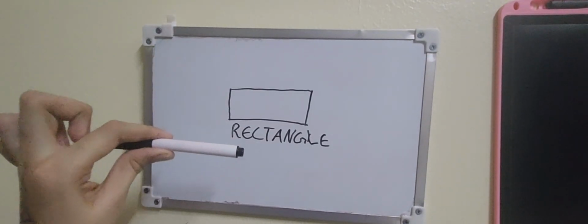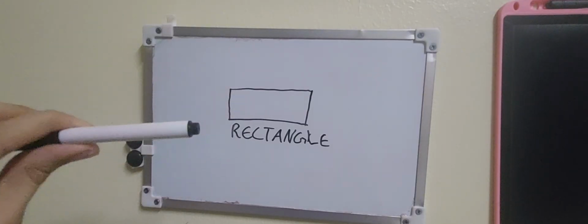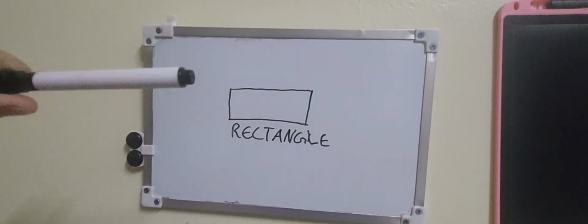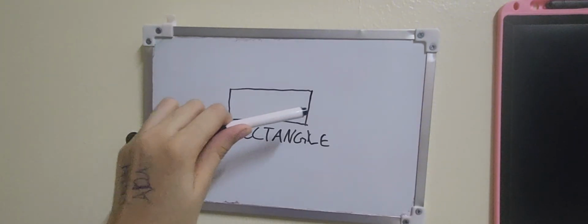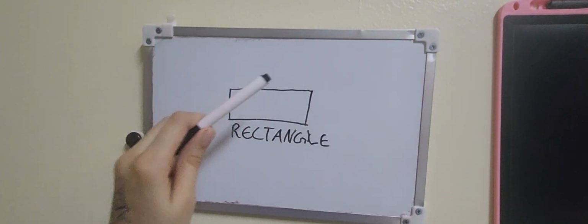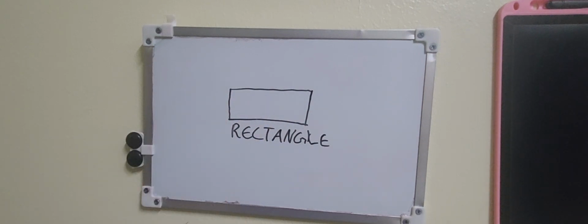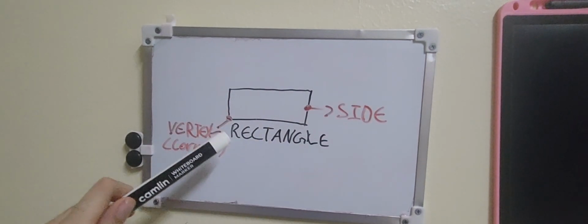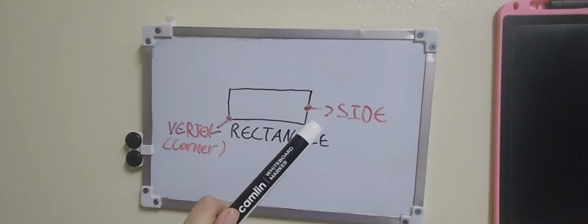So over here we have basic shape number 2, which is a rectangle. A rectangle also has 1, 2, 3, 4 sides and 1, 2, 3, 4 corners. Let me label them for you. So this is a corner / vertex, and this is the side.